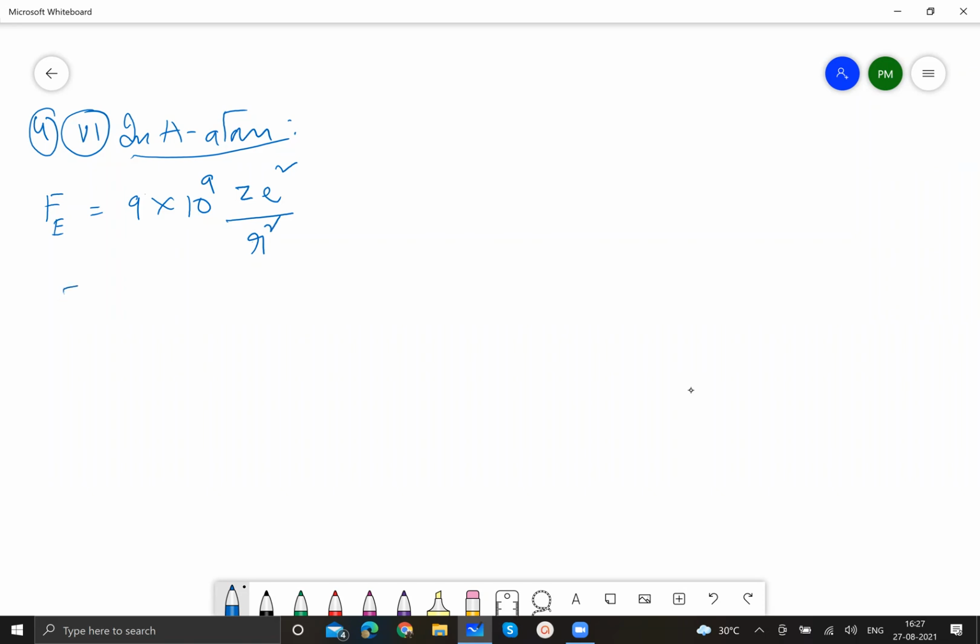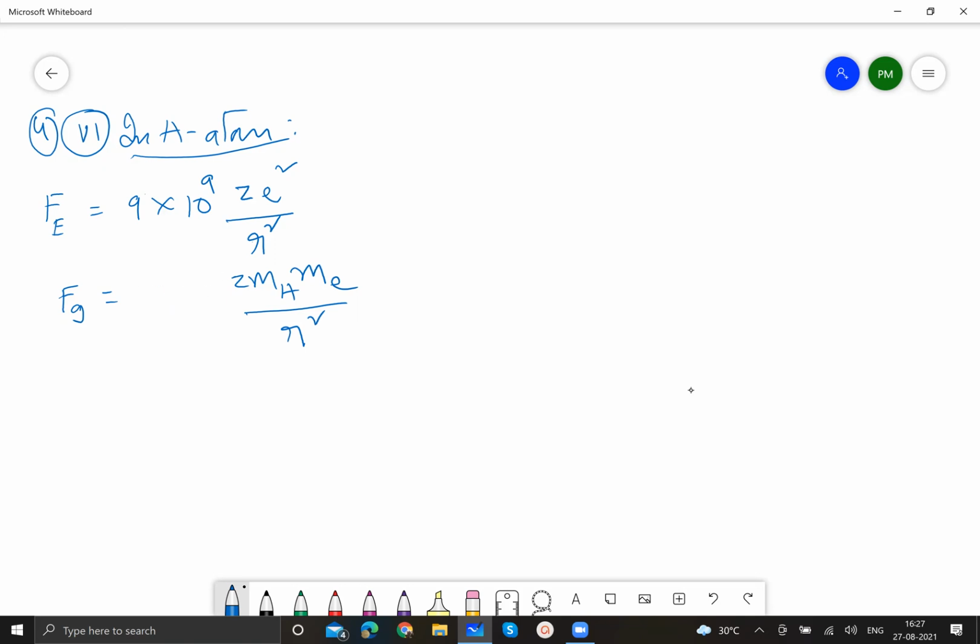Next, the gravitational force between the nucleus and electron is G into Z mH, mass of the nucleus, multiplied by mass of electron, by R square. Sir, gravitational force means 6.67 into 10 to the power of minus 11.